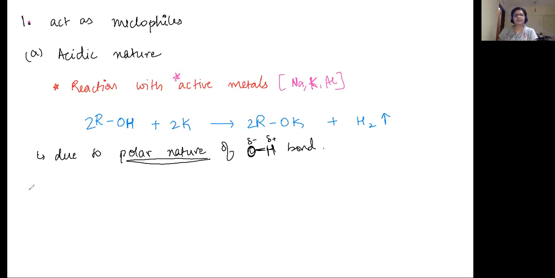So if you compare primary alcohols versus secondary alcohols versus tertiary alcohols, which one will have the most polar OH bond?